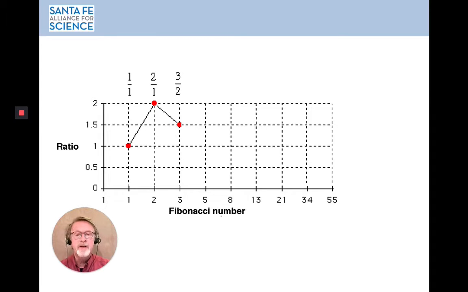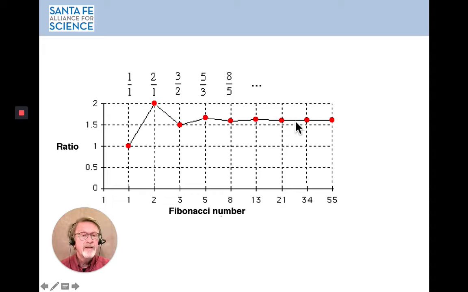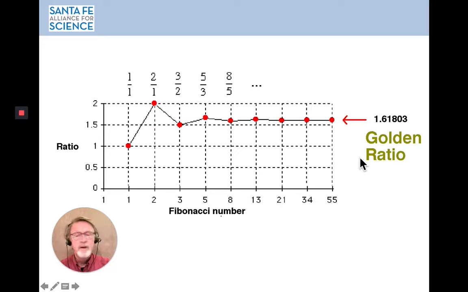We put a dot at 1.5. 5 divided by 3, 1.6. 8 divided by 5, etc. Now what you can see is that in the beginning these numbers sort of flop around and then they settle to a value that is 1.61803, etc., etc. This number, 1.618, is the one that is called the golden ratio.